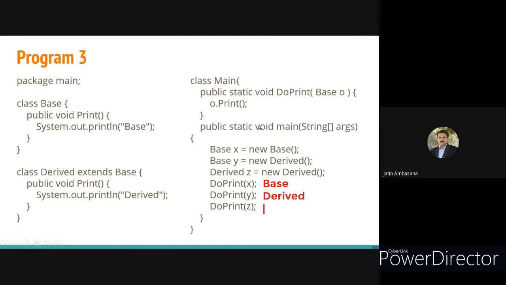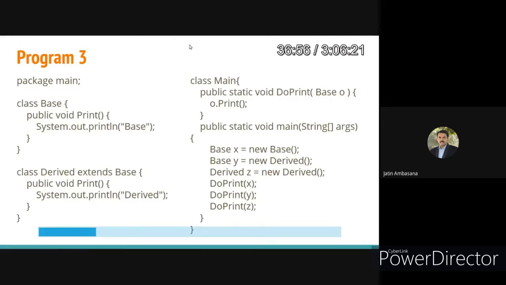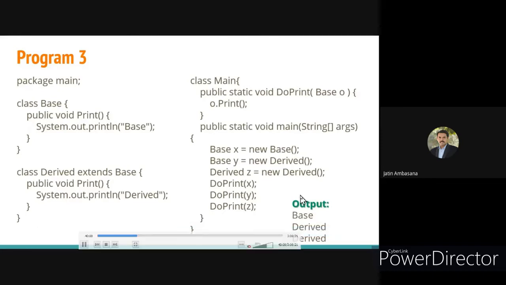And then for z, there also it prints derived. That's the output: base, derived, and derived. You can see the output here.